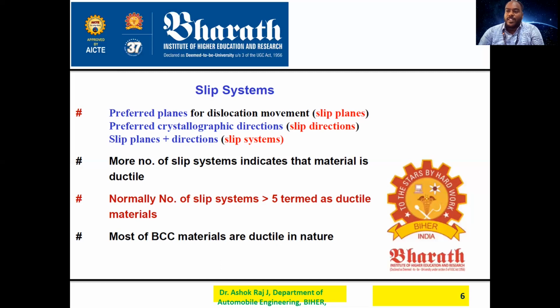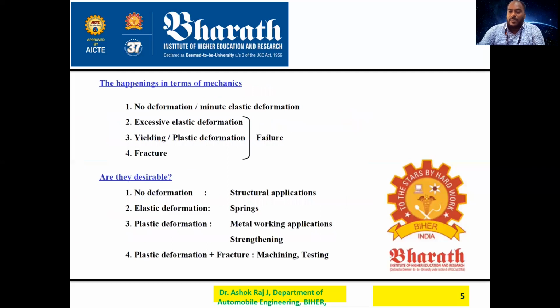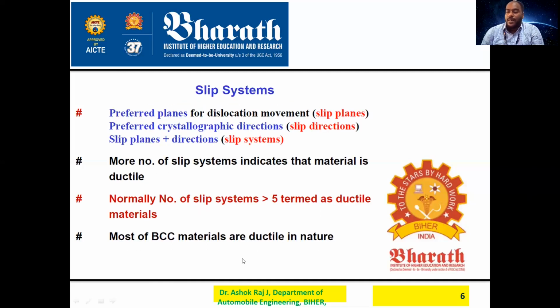I already told you why titanium cannot be machined easily, because it never undergoes high plastic deformation, because the slip systems are only 3. If you want to do any machining or deformation, machining means, as we discussed in the last slide, plastic deformation plus fracture should take place. If both do not take place, we cannot do the machining.